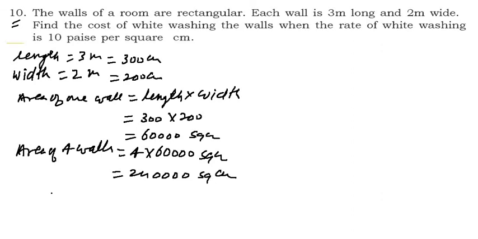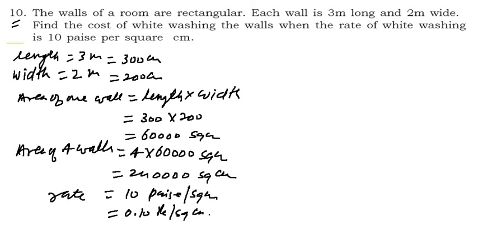Now the rate is given as 10 paise per square centimeter. So it will be changed into rupees. So 0.10 rupees per square centimeter. Now total cost is area into rate.